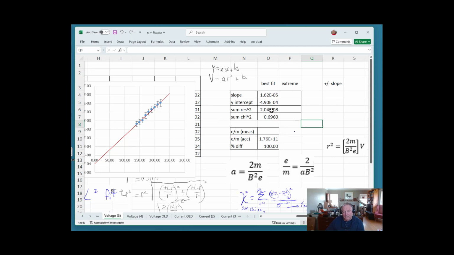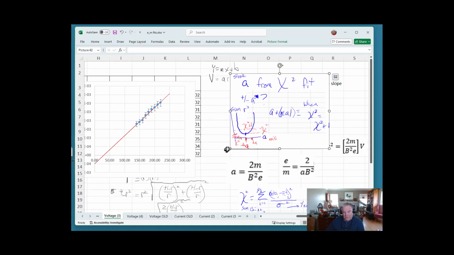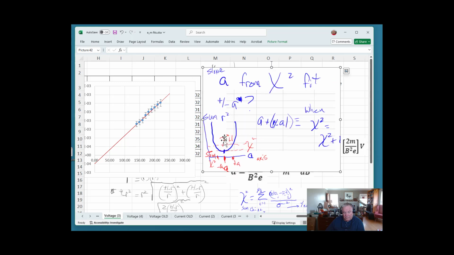So we have the sum of the chi-square here. So what we want to do now is, let's make sure we go over why we're doing it. You should recognize this plot of, say, the sum of the residuals squared, and the sum of the chi-square is very similar in that if you plot the parameter like the slope on the x-axis and the value of the sum of the r squared or the chi-square, you're going to get this parabola.